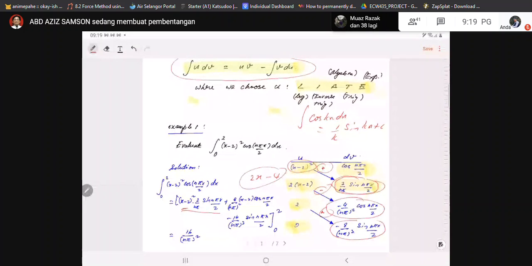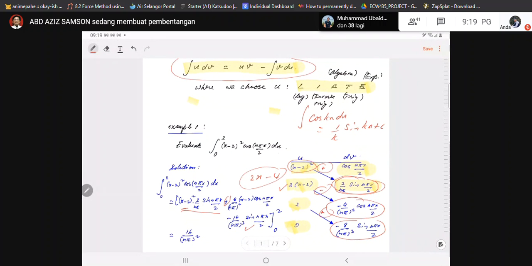The second one is obtained from this, so it will be 2 times minus 4, that will be minus and minus, so it will be a plus there. So it will be 8 over n pi squared, x minus 2 cos n pi x over 2. And you have the third expression over here. In the third expression, it's 2 times minus 8, so that will be minus 16.